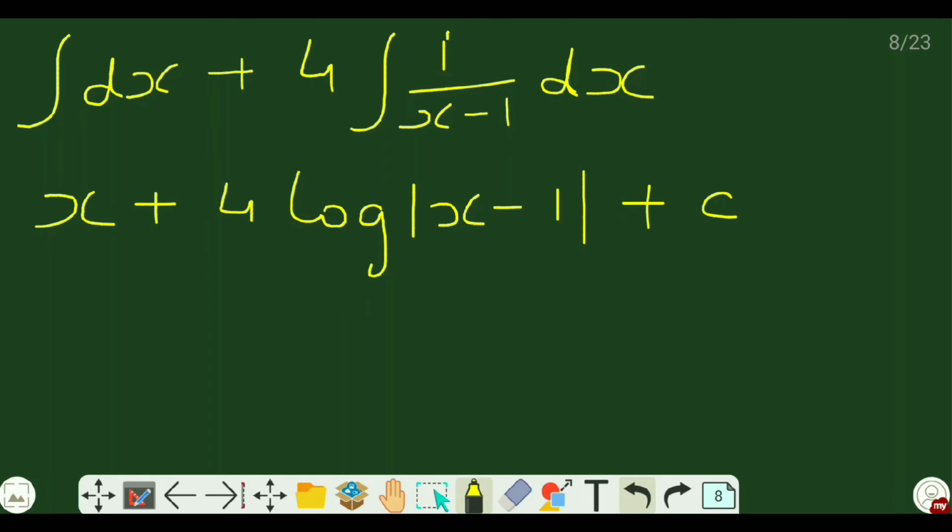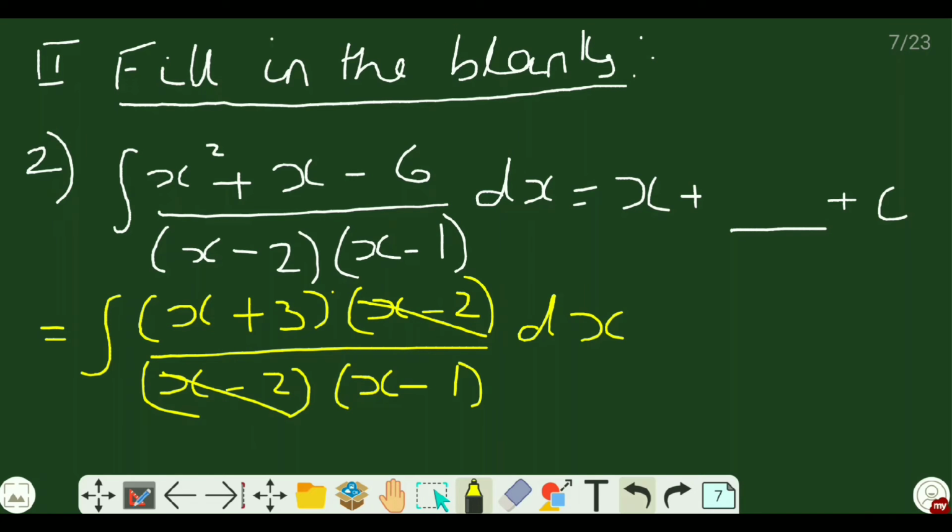Okay. So in your fill in the blanks question, it was given as x plus dash. So x plus 4 log x minus 1, so this dash becomes 4 log x minus 1. Thus the sum is done.